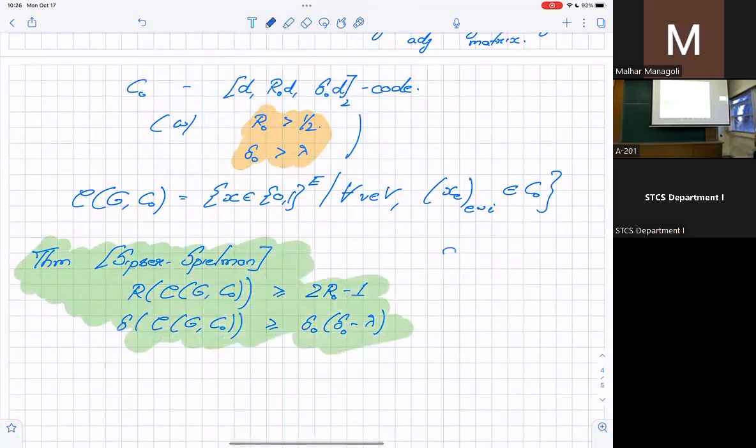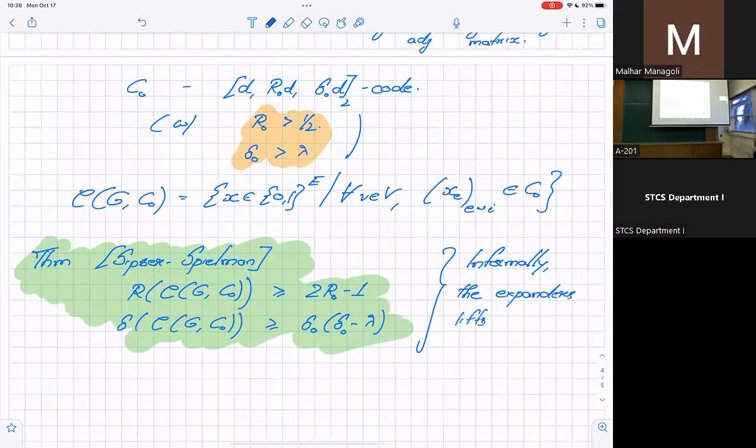So informally, what does this say? Informally, the expander lifts the goodness of the constant size code to the larger code. The small code had rate R naught and delta naught, which were constants, and it sort of lifts the goodness of the constant size code to this larger code.